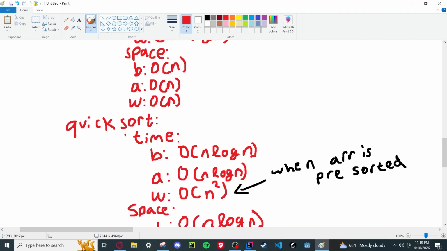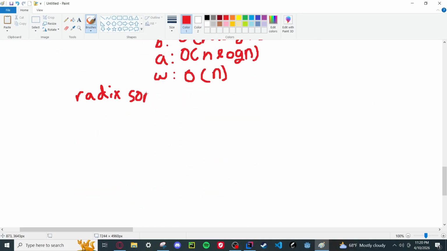You sort your array such that the pivot is at its correct location. Then you partition the array, split it into two. Your left array is all the values before your pivot, your right is all the values after your pivot. And you just do your average divide and conquer algorithm, keep on partitioning, keep on going like that. You'll eventually have every single element sorted.